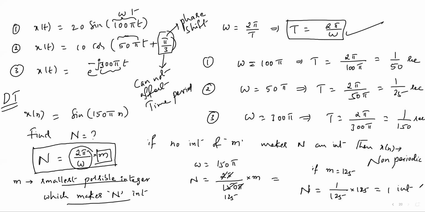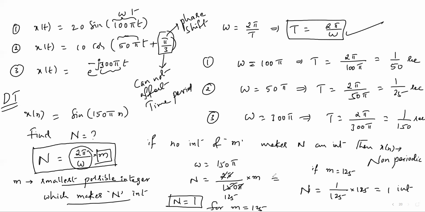It is an integer. So the time period of this given signal is 1 for small m value 75, an integer, not a problem.